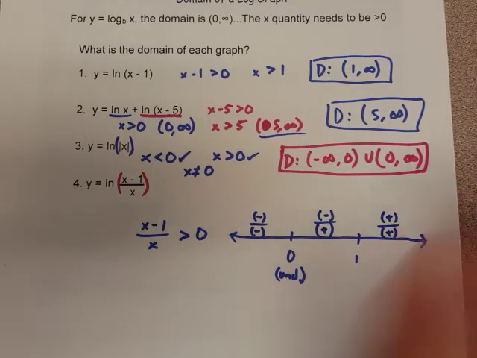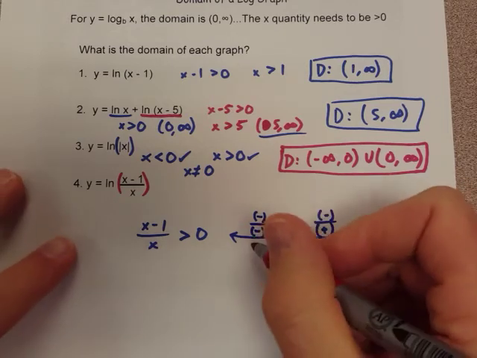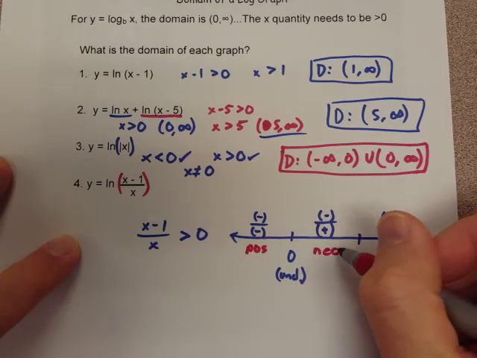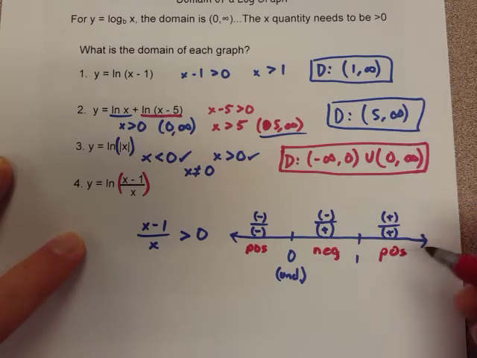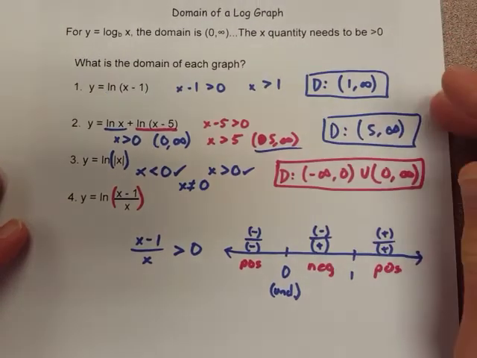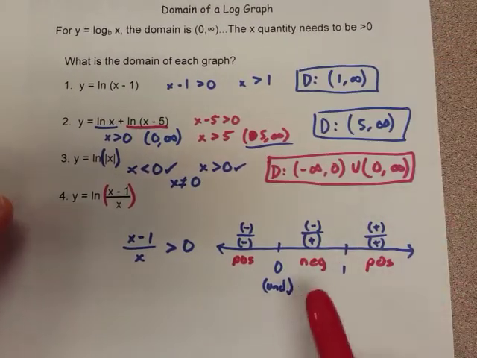So as we map this out, then that makes this portion here positive, this one's negative, and this one's positive on our number line.